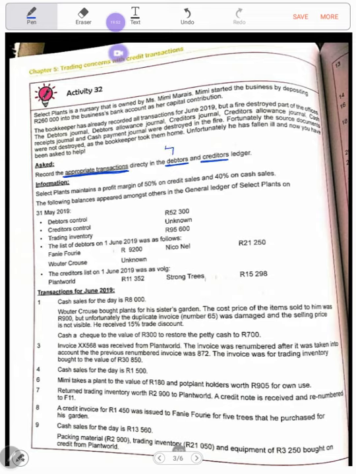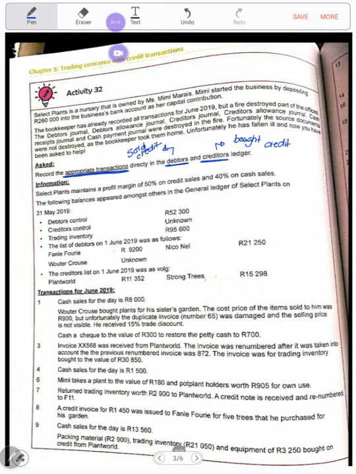A debtor is someone who owes the business money, so you sold to them on credit. And a creditor is someone who the business owes money to and we bought on credit. So whenever we bought on credit, know that you are dealing with your creditors.